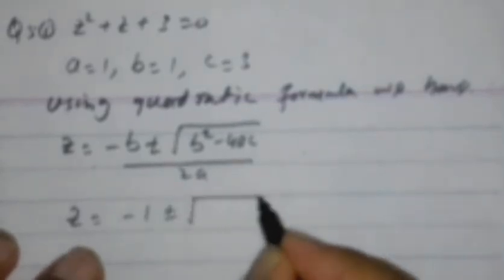Z equals minus b value is 1 plus minus under the root 1 square minus 4, a value is 1, c value is 3 divided by 2, the a value is 1.